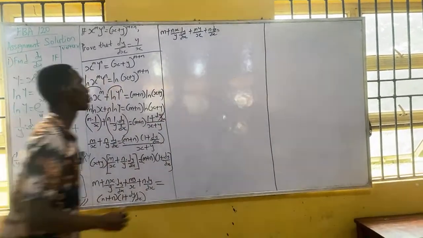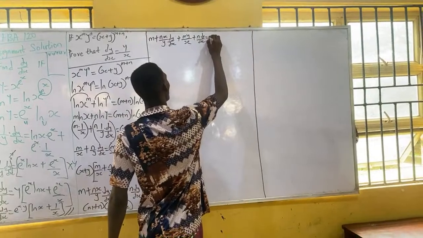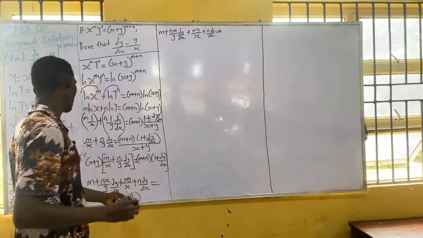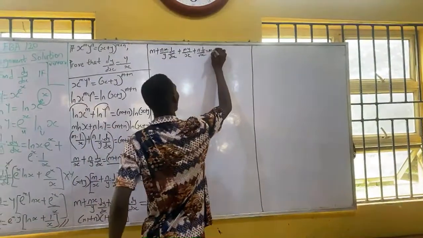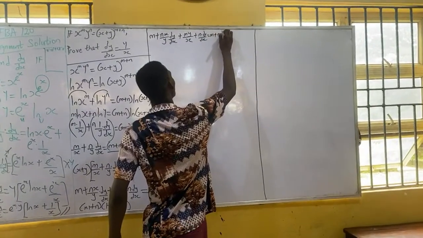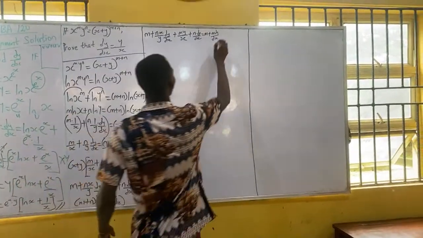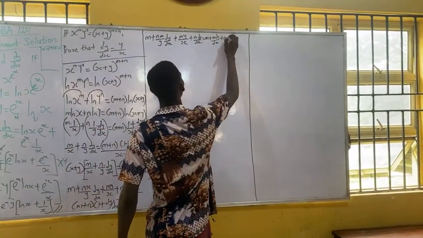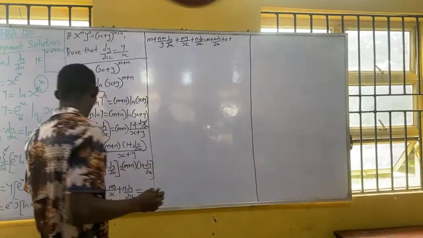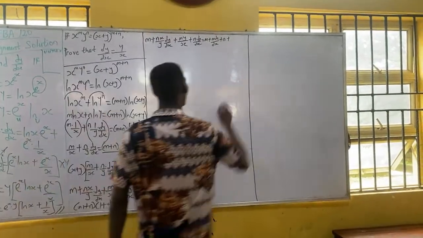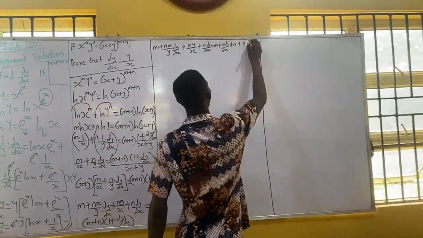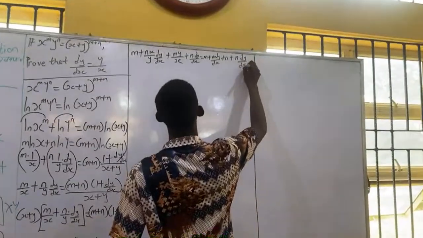We have m times 1 is m, plus m times dy dx, plus n times 1 will give us n, plus n times dy dx will give us n times dy over dx.